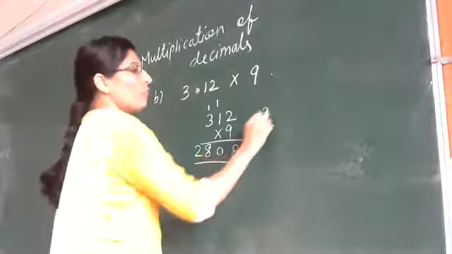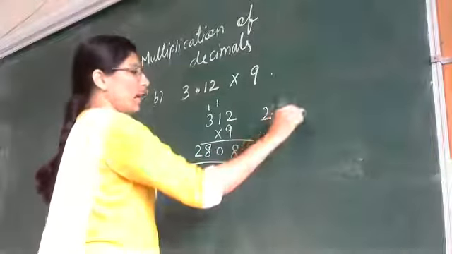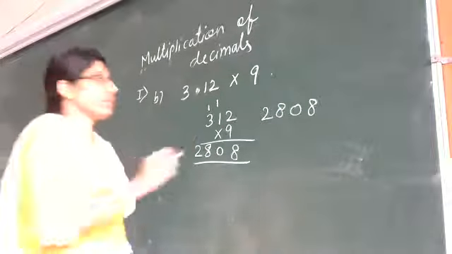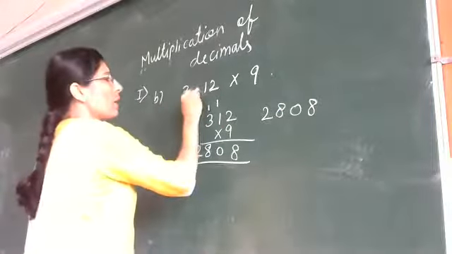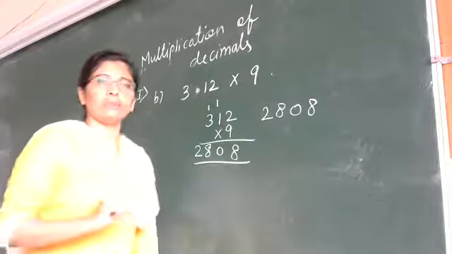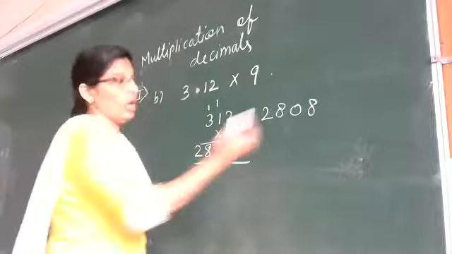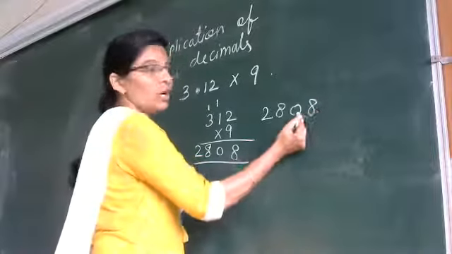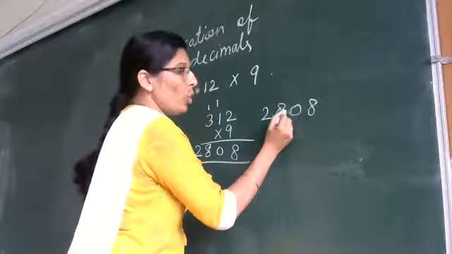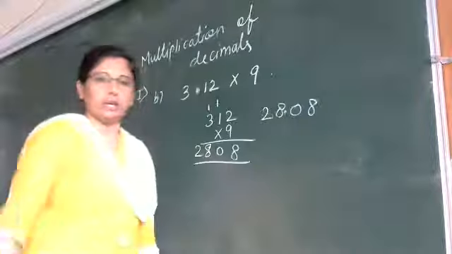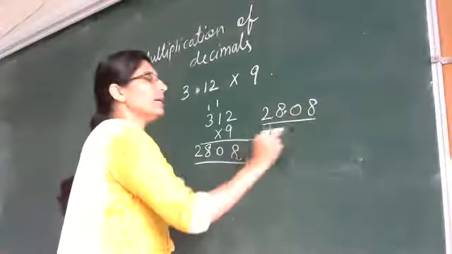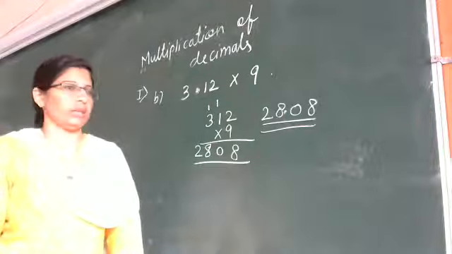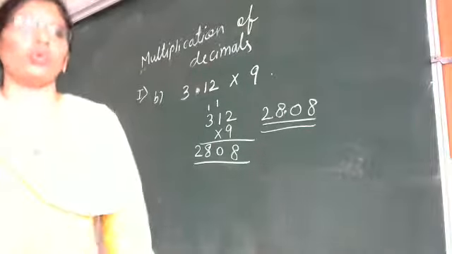Very good. So we got 2808. Now tell me, after the decimal point how many digits are there? 2 digits. So from the right side we count 1, 2 and put a point here. So the answer is 28.08. Very good. Understood how to do?